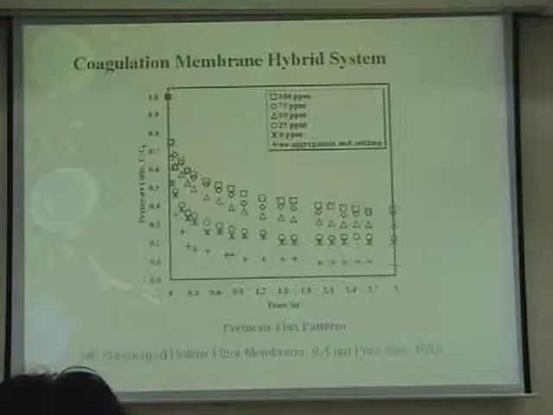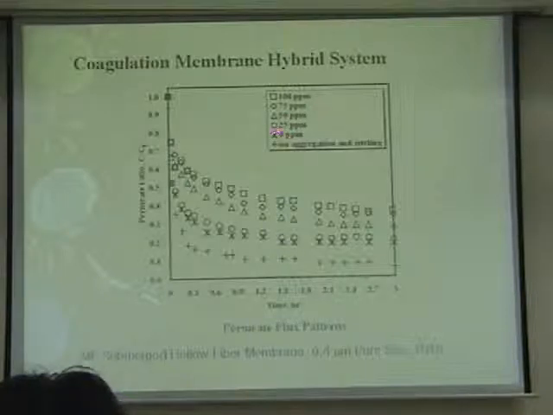As you can see here, if we do not adopt any coagulation stage at all, if we take the AOP treated water directly to the membrane system, we were able to separate the titanium dioxide particle, but the fouling was severe. The flux was severely decreased.